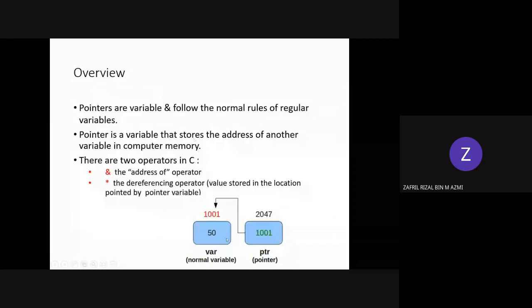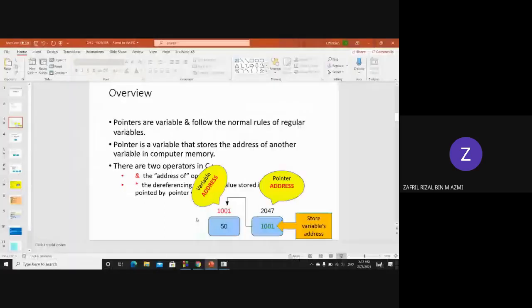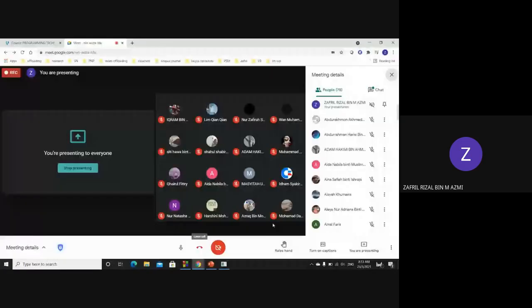Siapa tu? Mute. Ke saya bising tu? Hello? Mute. Check your Google Meet. Make sure you mute. Siapa? Is it me?